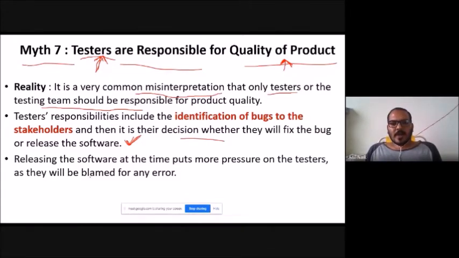Releasing the software on time puts more pressure on the testers, as they will be blamed for any error, because the final software goes through testing, so the testers face more pressure. So testers are not the only ones responsible for the product; the development team, the project team, the project manager, everyone is responsible for the quality of the product.